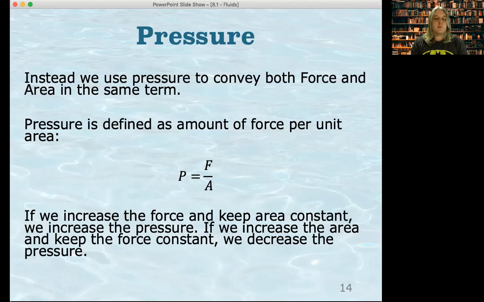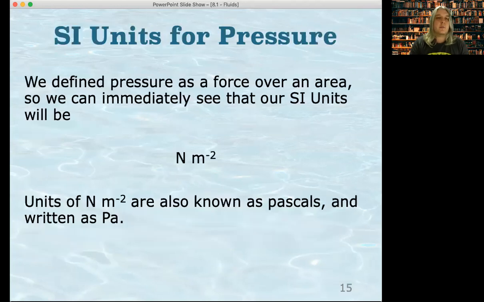So we need to be able to understand and calculate things using pressure. SI units for pressure are newtons per square meter, as we'd expect, newtons over an area, a force over an area. We also call them Pascals because pressure is so common, we gave it its own name, Pascals, which is named after Blaise Pascal, who we'll see in a moment.